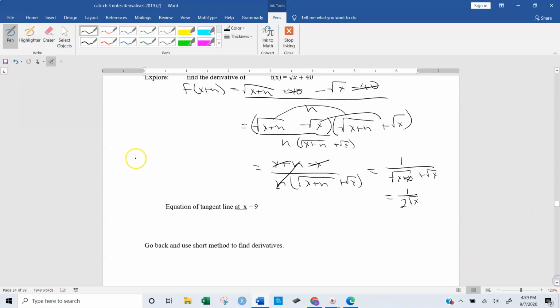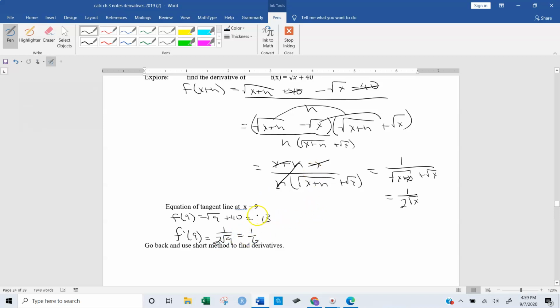All right, tangent line. So the tangent line is at x equals 9, so we're going to plug 9 into the original. So you have to do f of 9. So you've got the square root of 9 plus 40, which equals 43. Now you have to do your first derivative at 9, which is equal to 1 over 2 times the square root of 9, which equals 1/6.